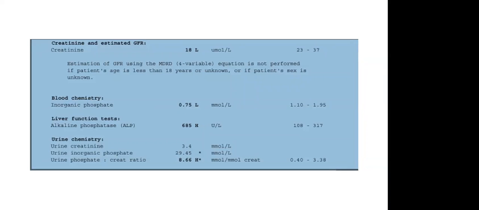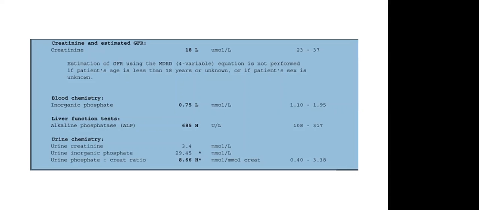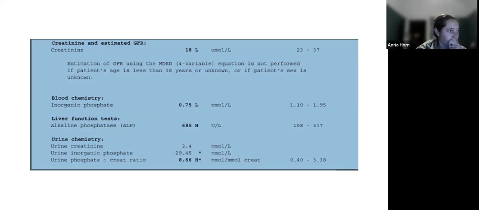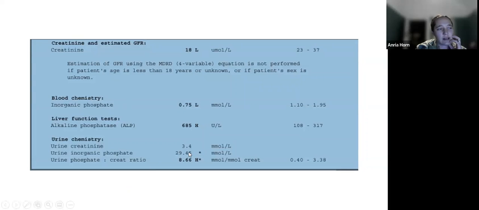Her phosphate is low. Alkaline phosphatase is high. Expected, no? The urine phosphate to creatinine ratio is 8.6. No calcium. They don't have the normal ranges here, but that's high.